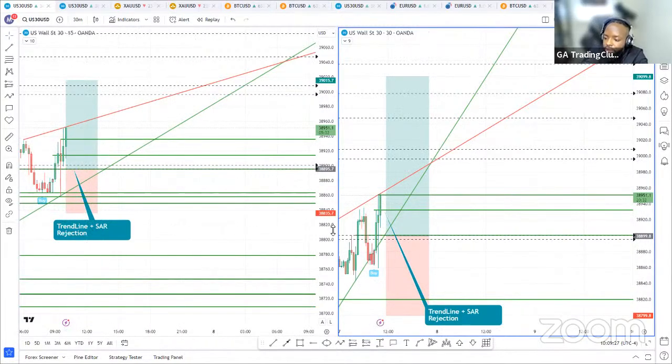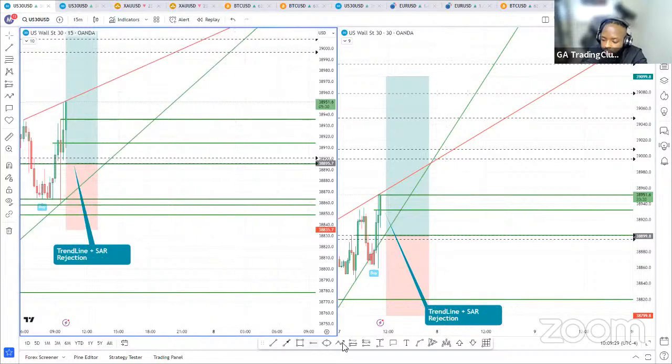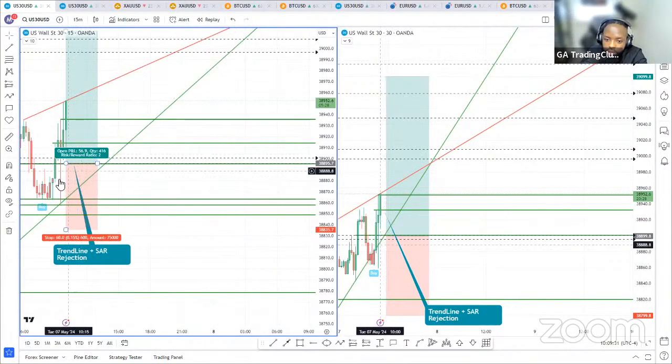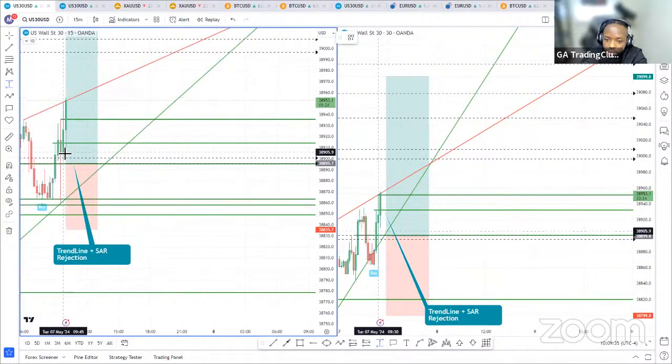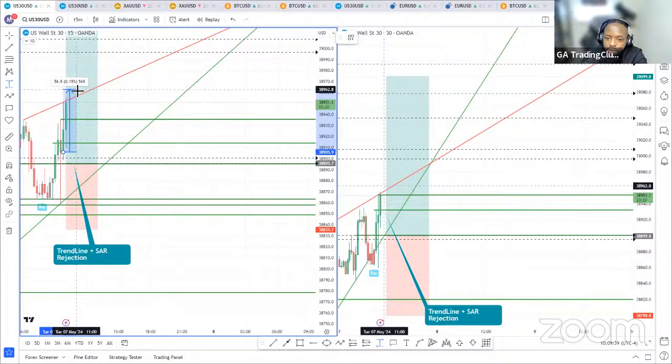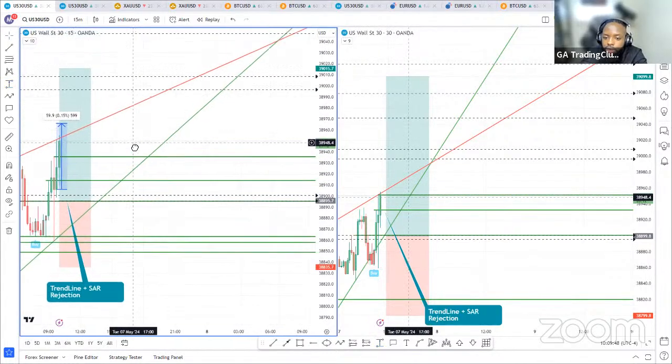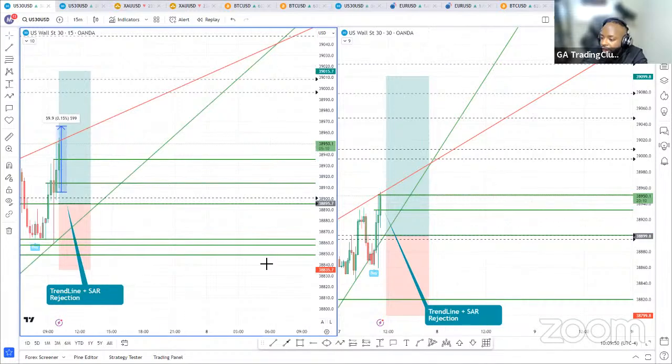So price is still pushing. Let's measure the distance this candle took. For this particular trade, if we get here first, then we forget about it before coming back down, because the trade would have moved a distance equal to our stop loss.